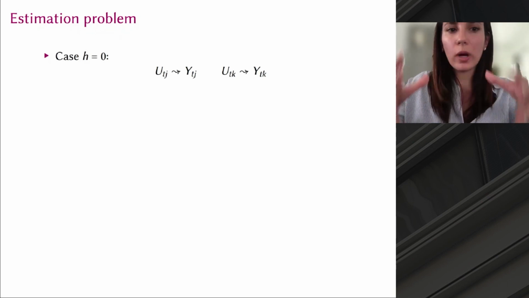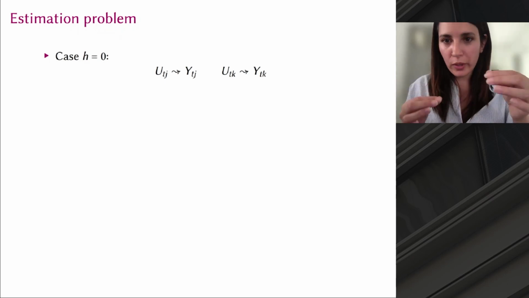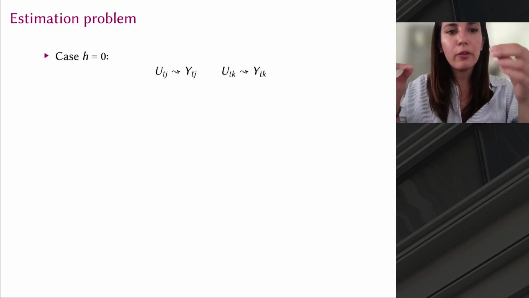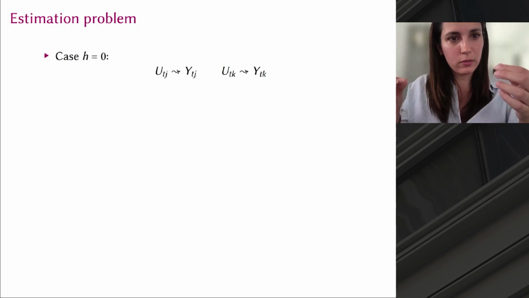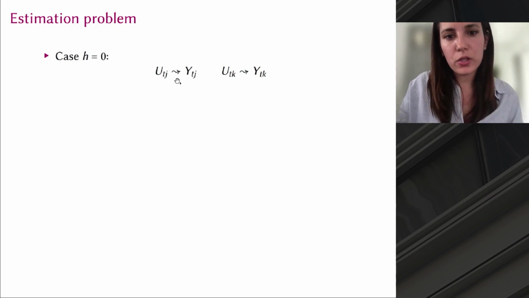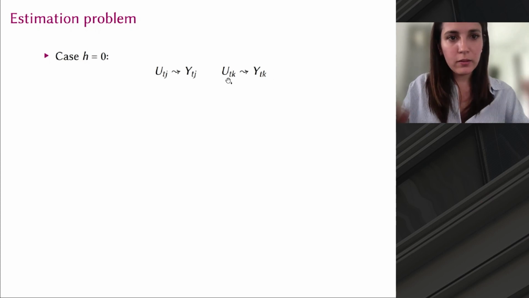For instance, one sphere, and take two locations. At these two locations, we have two observations, one per location: Y_tj corresponding to location U_tj, and Y_tk corresponding to location U_tk.